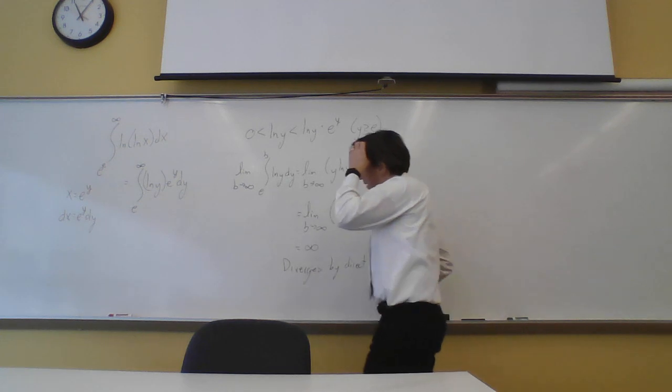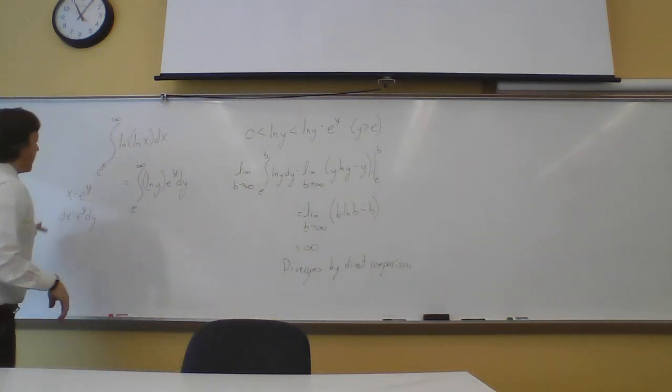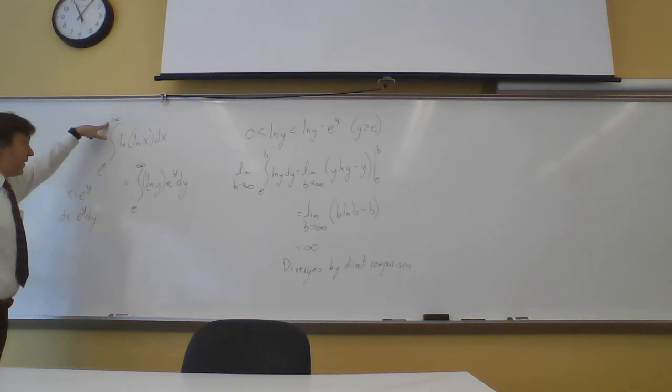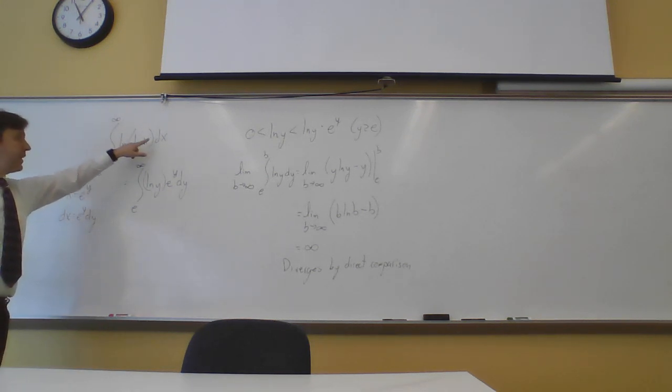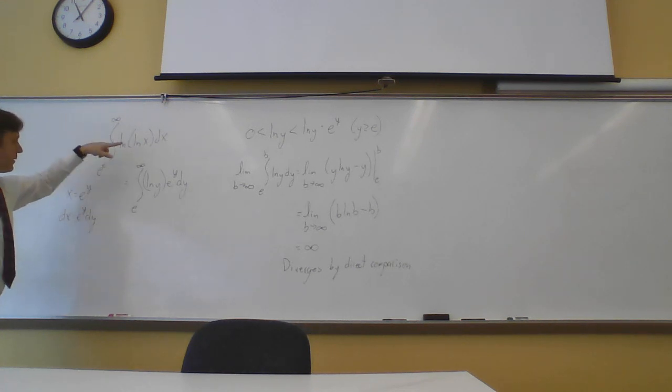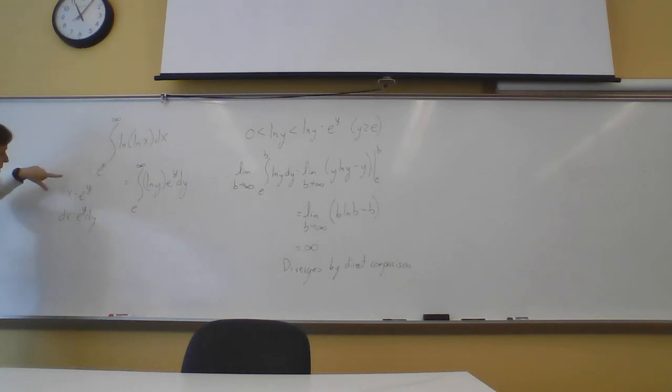So let's look at an example here and see how this one might get put to use. For our last example, we just want to know what is going on with this integral: the integral from e to the e to infinity of the natural log of the natural log of x dx. Whew, that's a mess. So I'm going to pull a substitution.